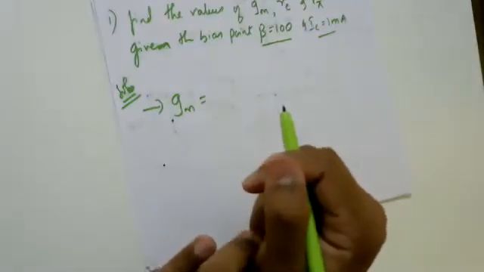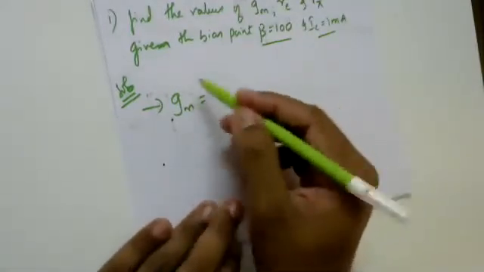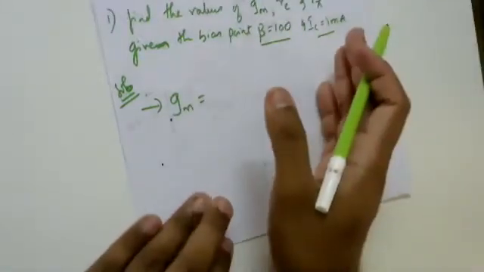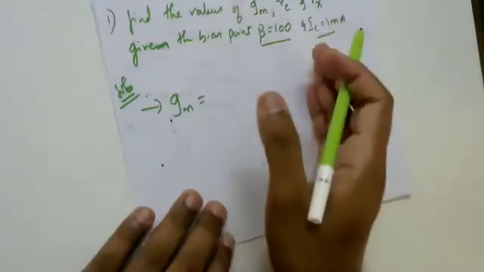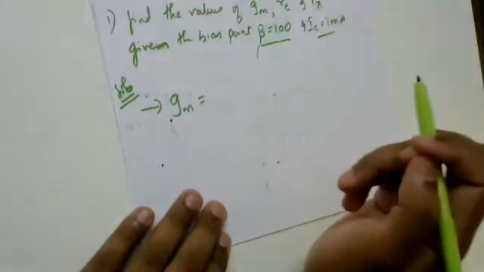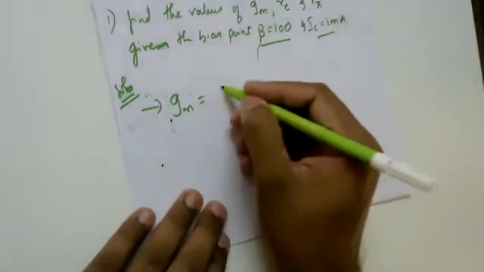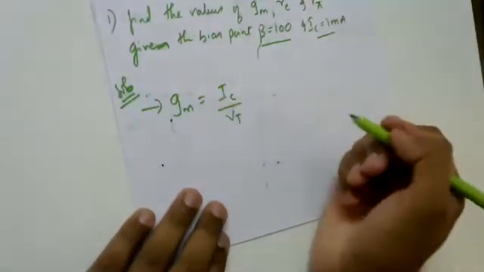Good, Gunjan, I'm able to define my GM. Actually, we have various formats. I never neglected them. But depending upon what is known to you, you should be able to define the equation. So this GM has been defined as the ratio of IC divided by VT.